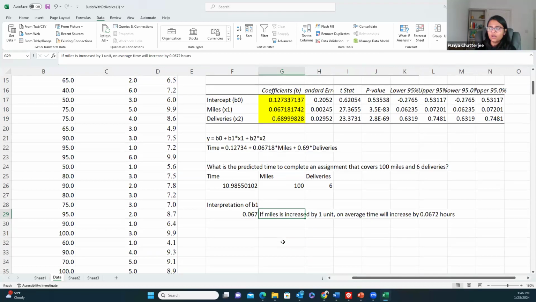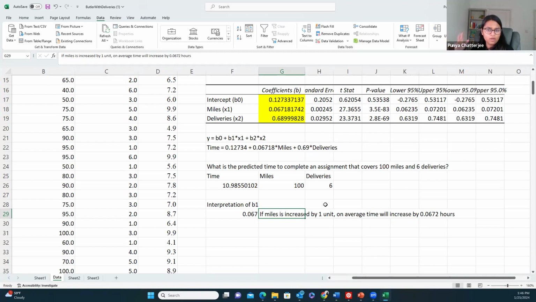Now, will the same interpretation work here? The answer is no, because now we not only have miles, we also have deliveries in the model. So we have to talk about what happens to deliveries when you're increasing miles. Are you also increasing deliveries, or are you keeping deliveries the same?